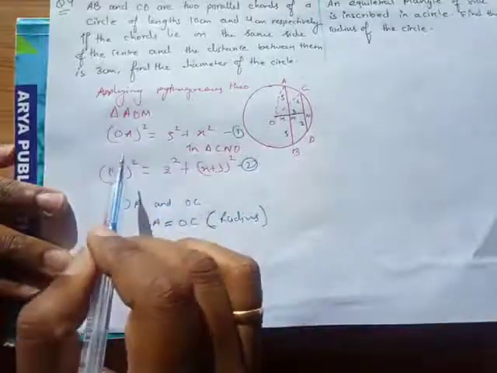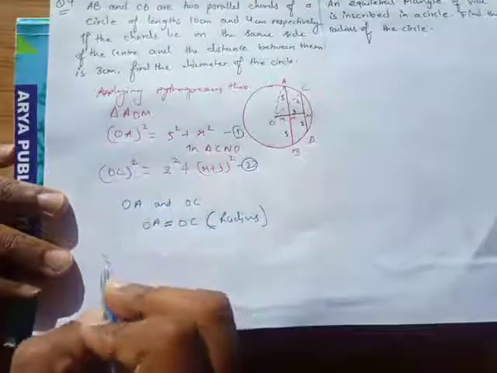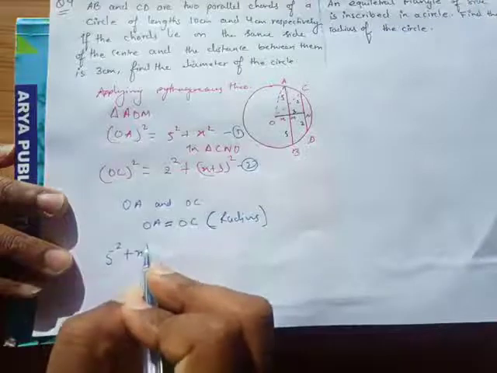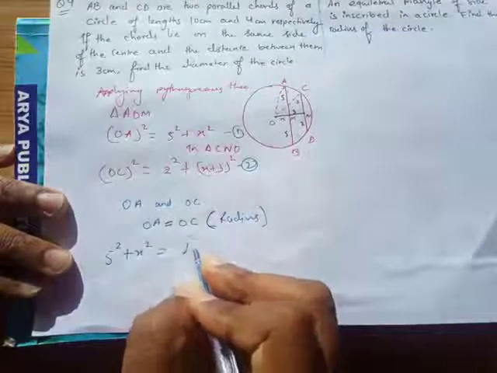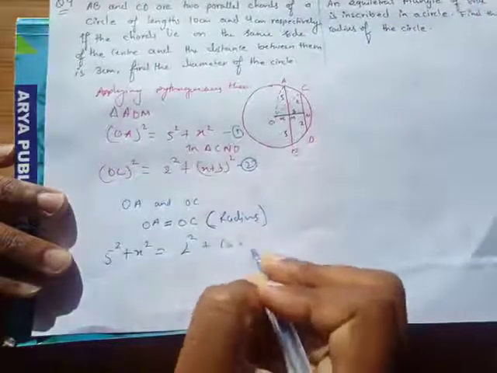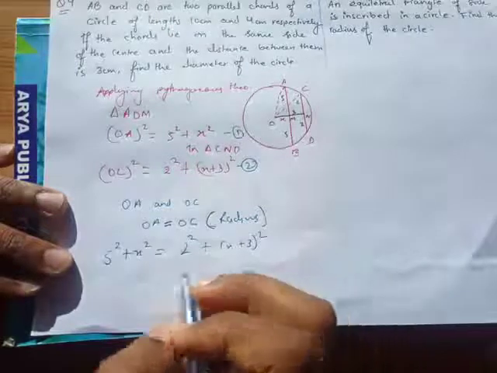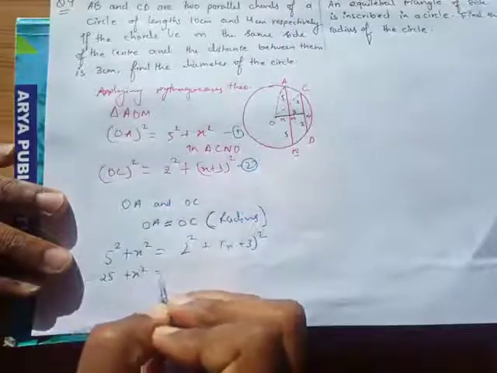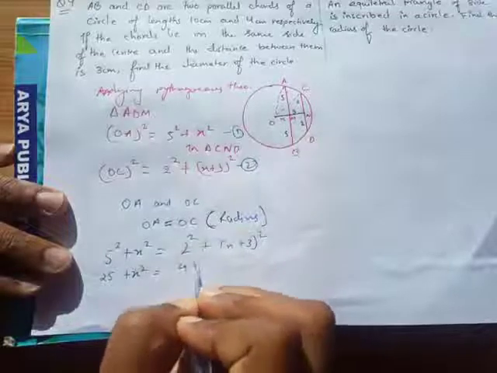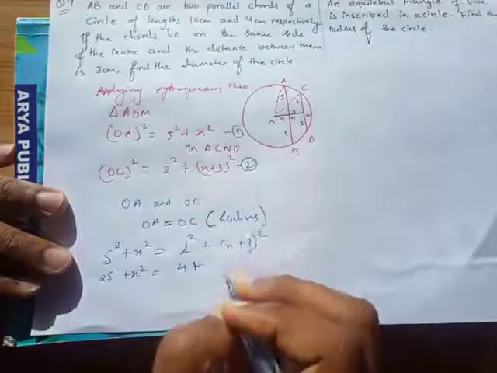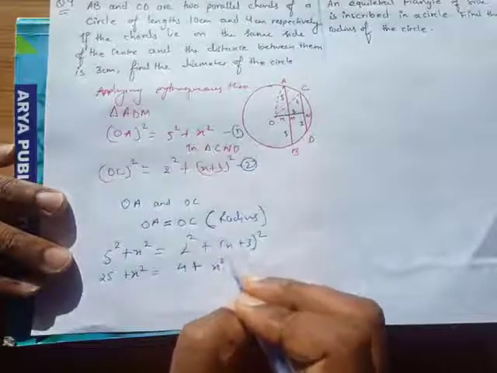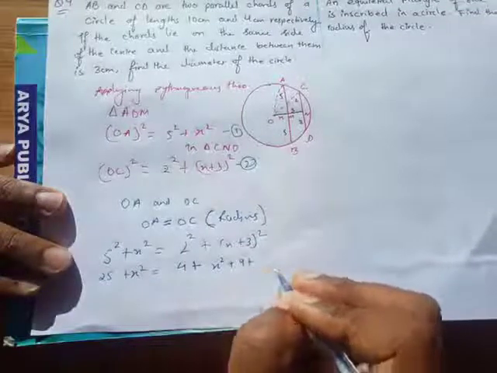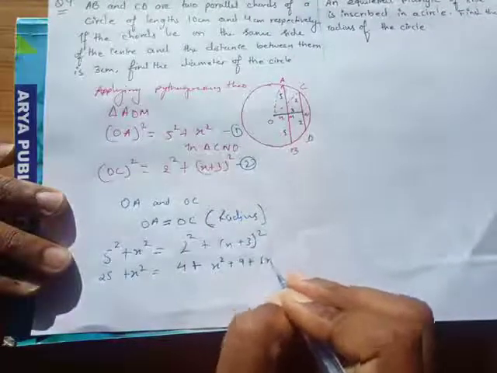If left hand sides are equal, right hand side will also be equal, so I'll write 5 squared plus x squared is equal to 2 squared plus x plus 3 squared, isn't it? So if I square, it's going to be 6x.